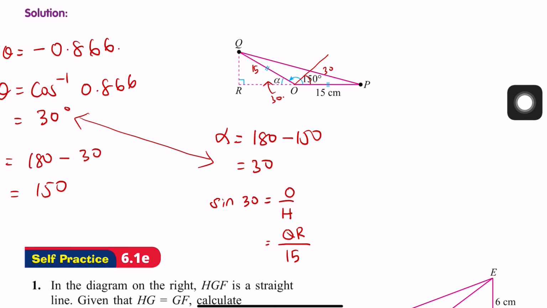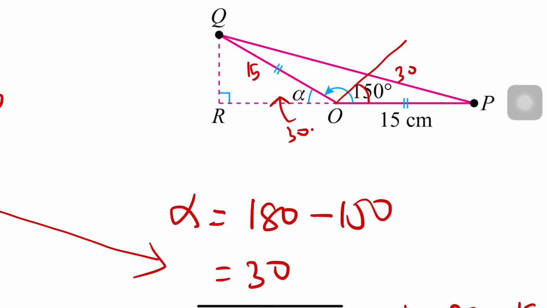Okay, so QR is equals to 15 times sine 30. Okay, 15 times sine 30 tekan calculator dapat 7.5. Okay, so maksudnya di sini adalah 7.5. Okay, so hypotenuse dah ada, tinggi dah ada.